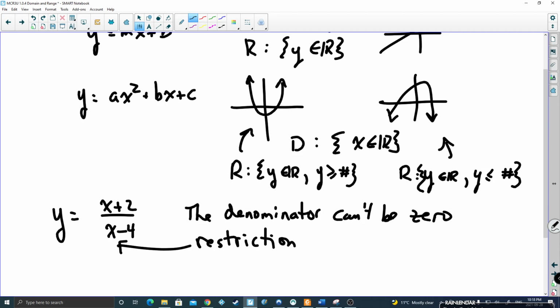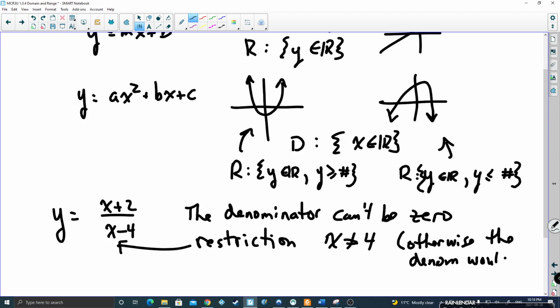What value can x not have? Because if x had that value, it would make the denominator equal to 0. And that restriction is x can't be equal to 4 in this case. Because if x was equal to 4, the denominator would be 0 at x equals 4. Okay?